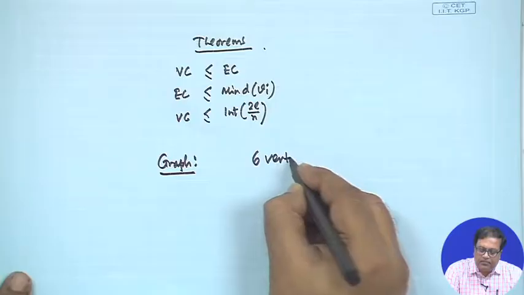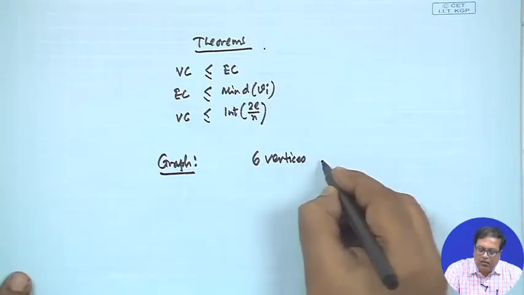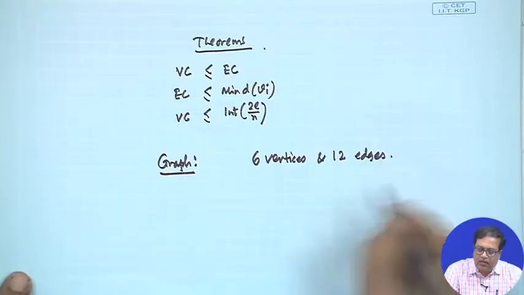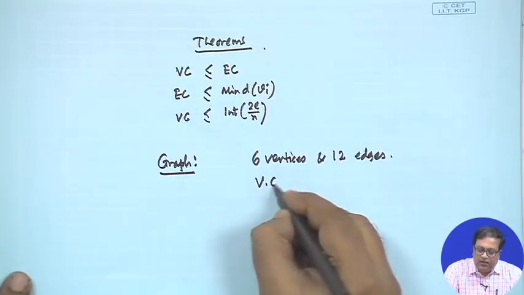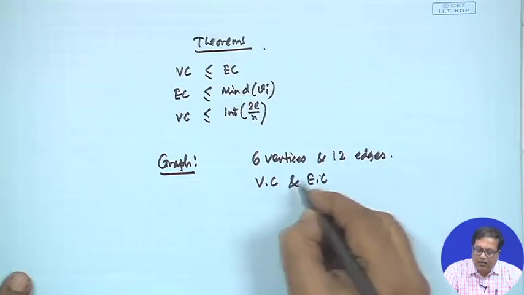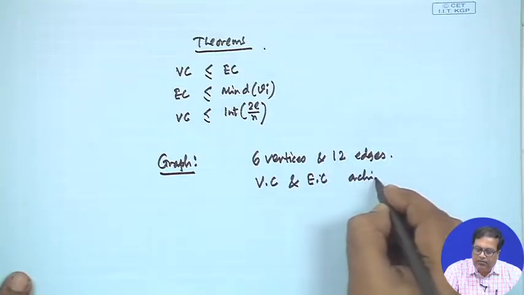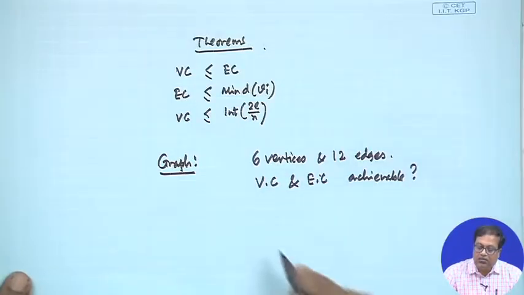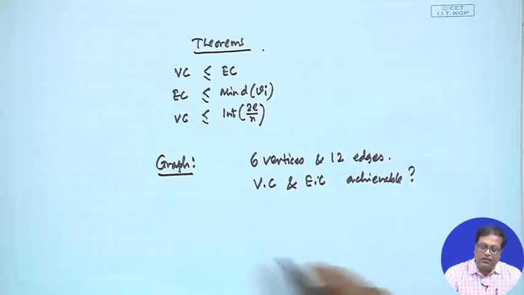We have 6 vertices and 12 edges. Alright. So, basically the question is what VC and EC are achievable. So, this is the question: how much VC and EC can we achieve.